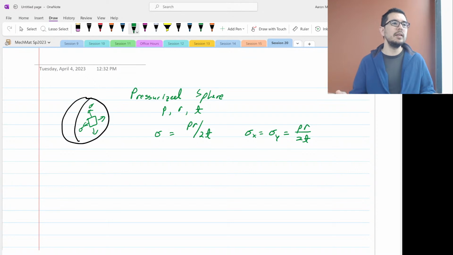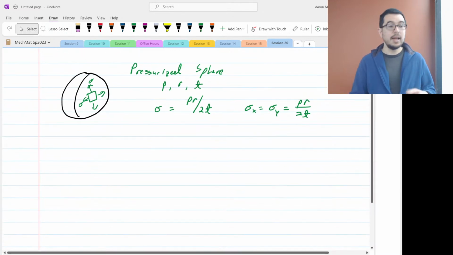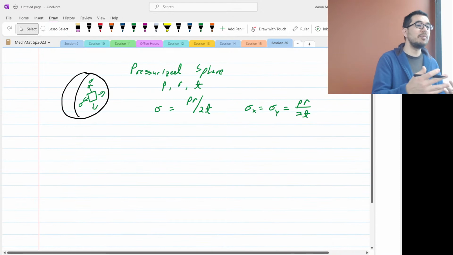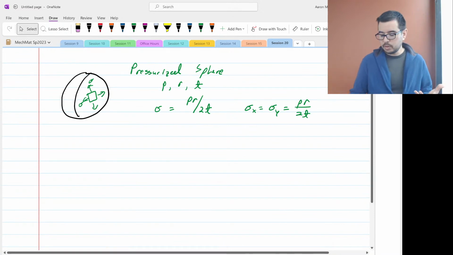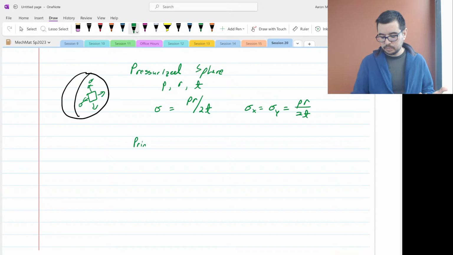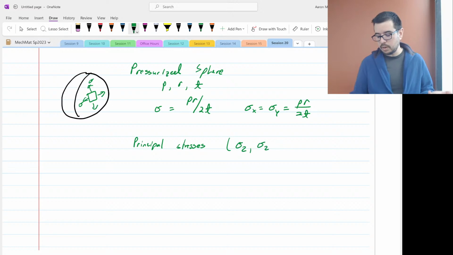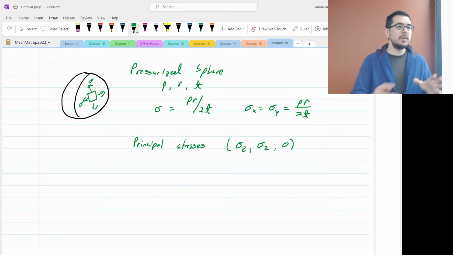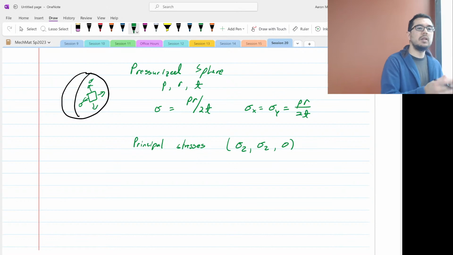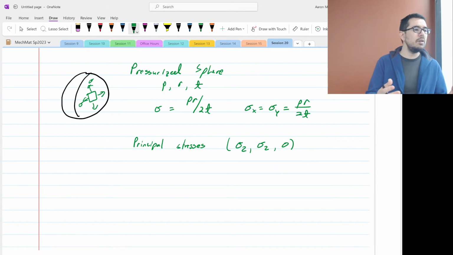Okay. So now the question is maybe, what are the principal stresses? That might be one that we could answer now with our new information, with what we know from today. Our principal stresses are going to be something like sigma 1, sigma 1. Actually, in the book, Hibbler uses sigma 2, because this is equal to the longitudinal stress in cylindrical pressure vessels.